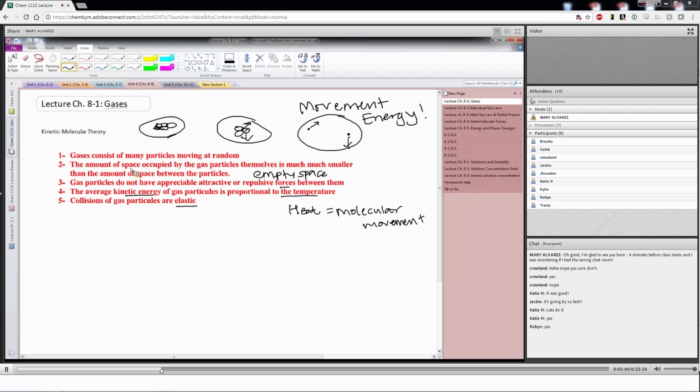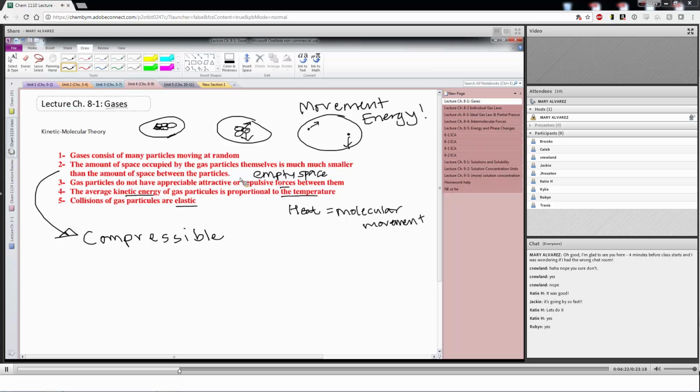And the practical application of this is that gases are compressible, because you can make empty space take up less space because you're just getting rid of empty space, which is why we can take several hours worth of oxygen, for instance, maybe even several days worth of oxygen, and compress it into a small oxygen container that you could carry on your back or wheel around with you if you were going to go scuba diving, or if you just needed supplemental oxygen as a healthcare patient, essentially. And so that's why we can put gases into cylinders and compress them.